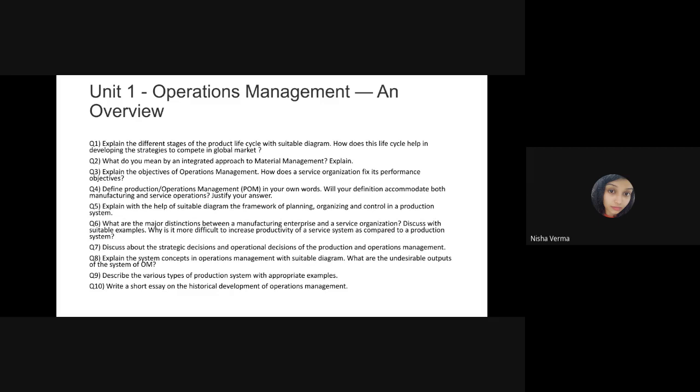It is a value added process; in layman language, operation instead of production will better include both manufacturing as well as service organizations.